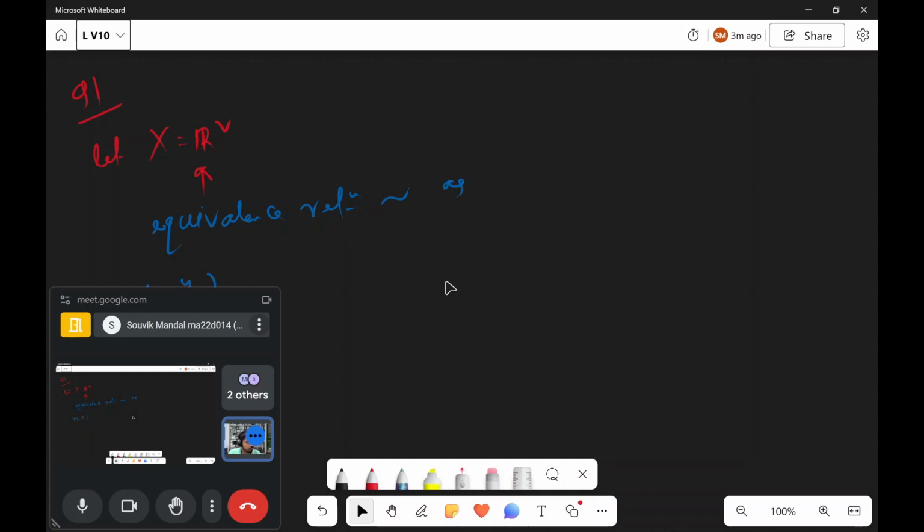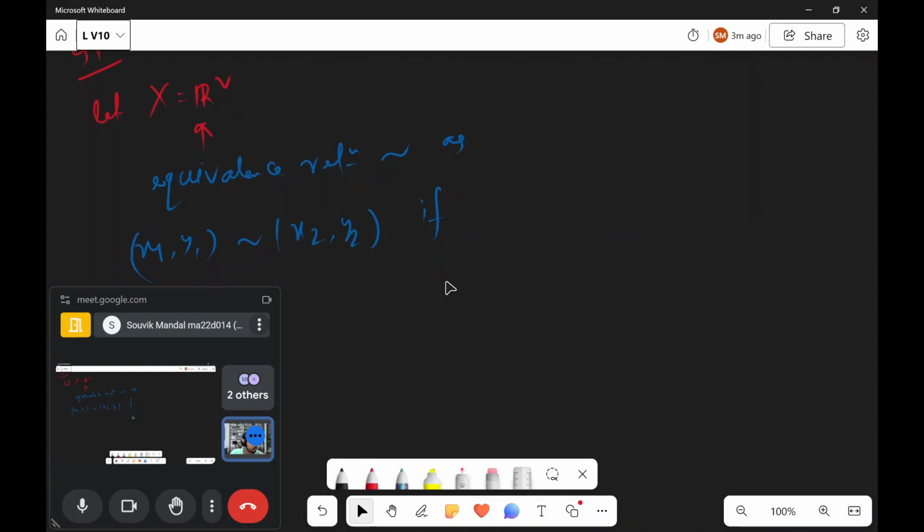Two points (x1, y1) will be related to (x2, y2) if x1 plus y1 squared is equal to x2 plus y2 squared.